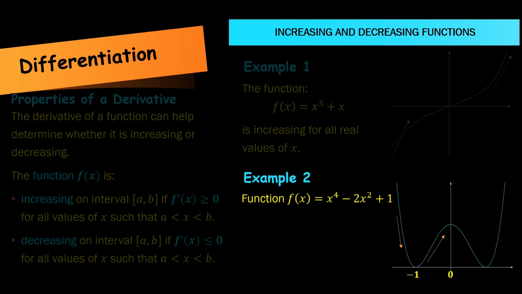Then it increases to the point x = 0. So it is increasing on the interval (-1, 0). Then it decreases to x = 1. So it is decreasing on (0, 1). And then it increases again after x = 1.